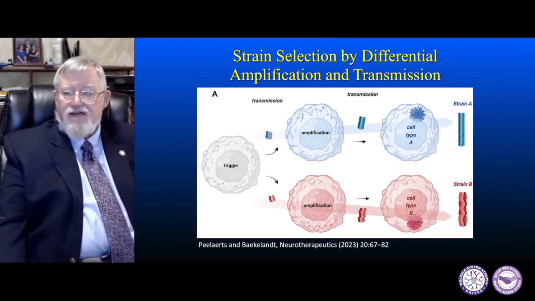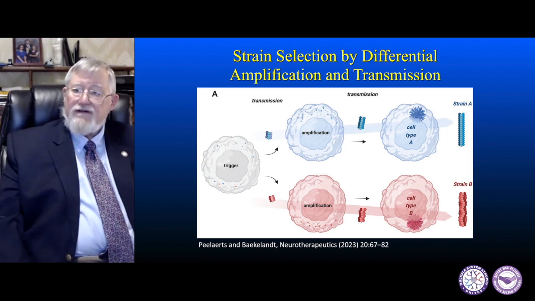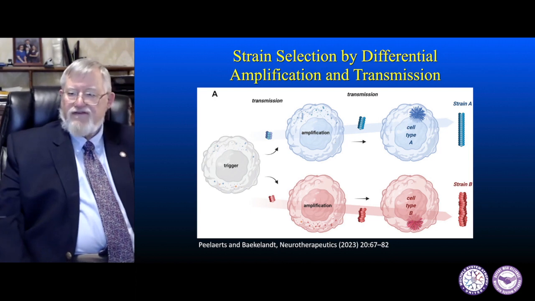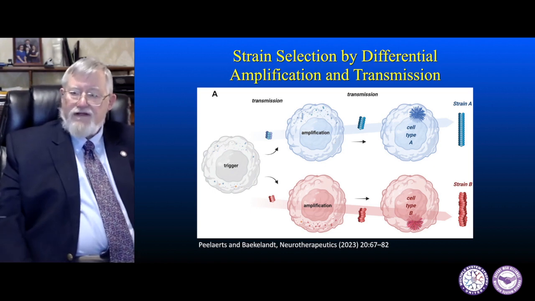And then you have another step of transmission, or more, multiple steps, where each time the mechanism of transfer and the milieu in the receiving cell and its susceptibility to amplifying these aggregates may be quite different.